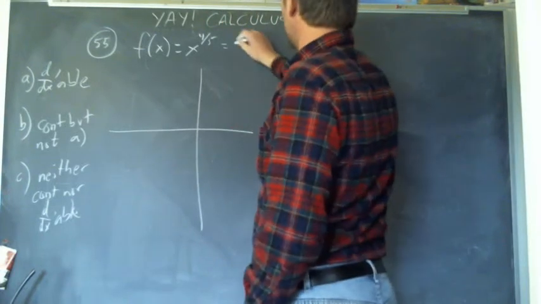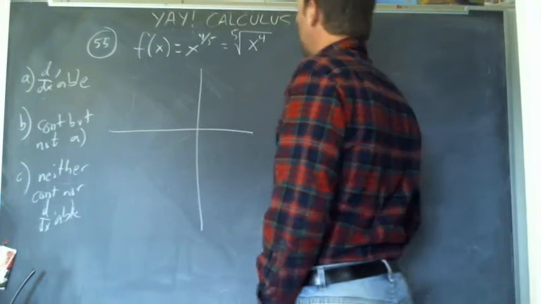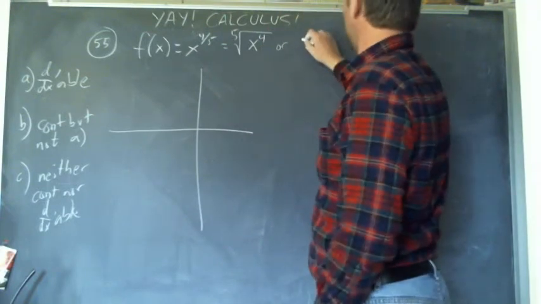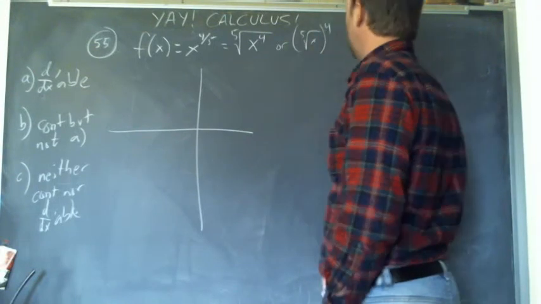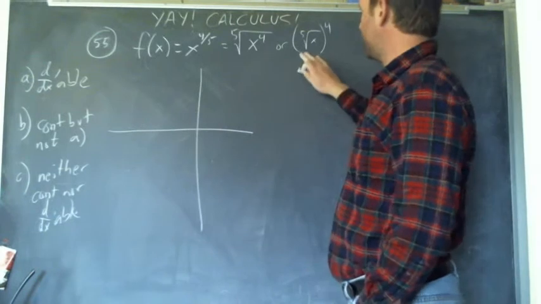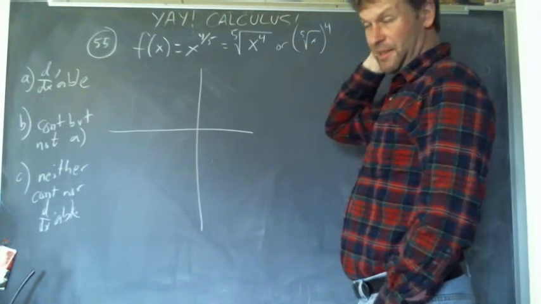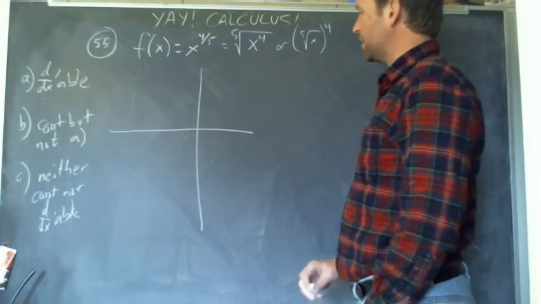This is really the 5th root of x to the 4th. Use this form because you can take the 5th root of any x, positive or negative, and the 4th power is going to make it positive.